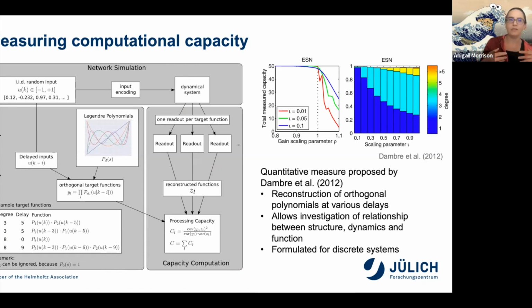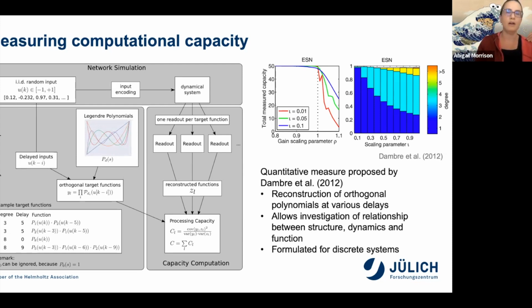The key thing here is she uses Legendre polynomials, which are orthogonal, and then we can create target functions that are products of these polynomial functions, and not just the underlying polynomials, but also including some delay.